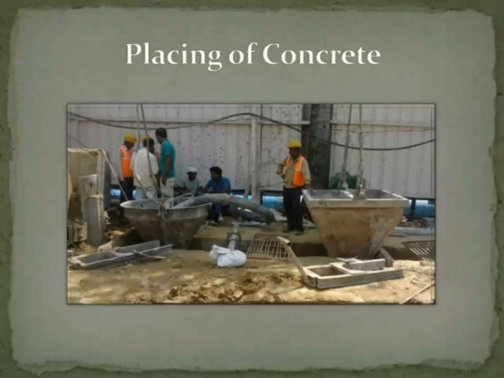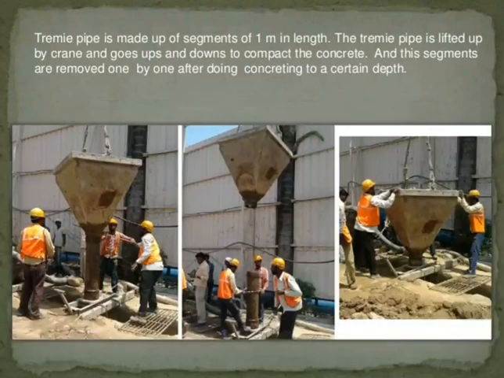Next, placing of concrete can be seen in the image. The Tremie pipe is made up of segments of 1 meter in length. The Tremie pipe is lifted up by crane and goes up and down to compact the concrete. And these segments are removed one by one after concreting to a certain depth. So, we can see that in the image.